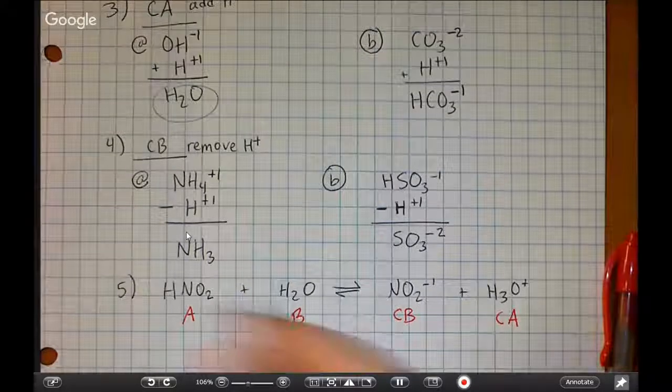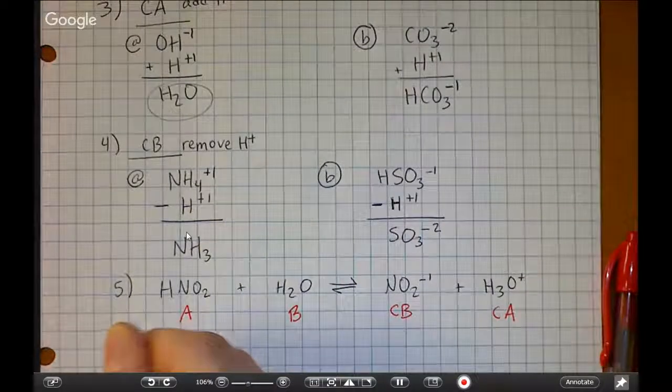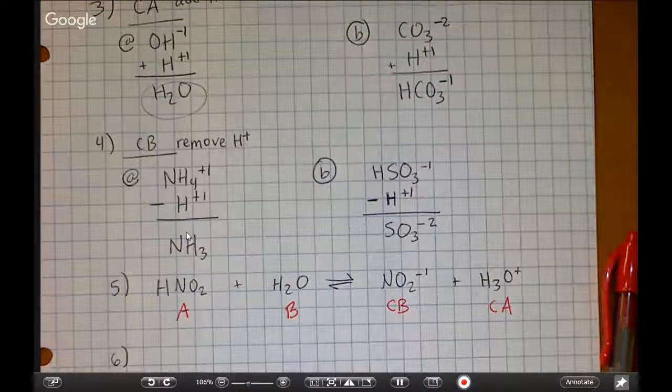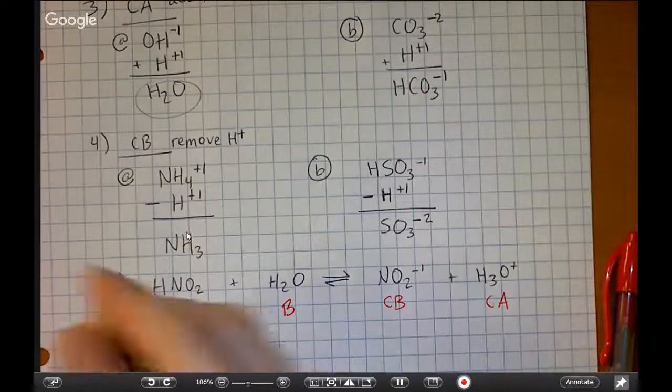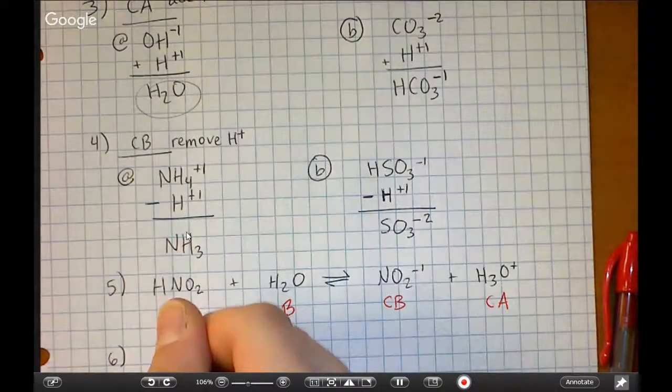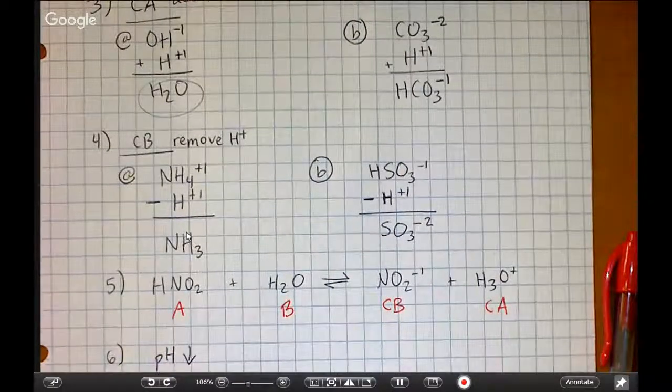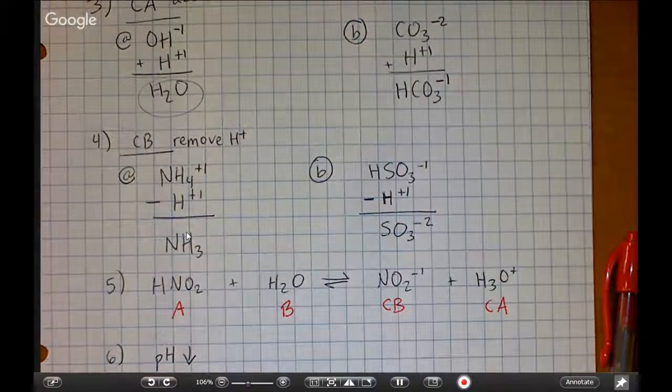Okay, we got 2 more here. So for 6, explain what happens to each of the following as the pH of a solution goes down. So pH goes down. Before we answer any of the questions about this, if pH goes down, are we becoming more acidic or more basic?